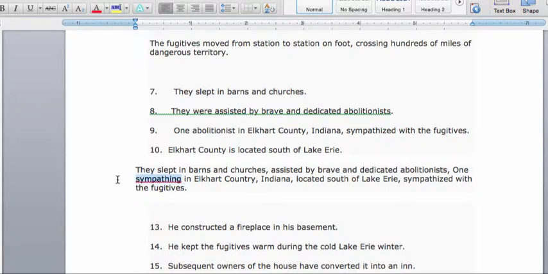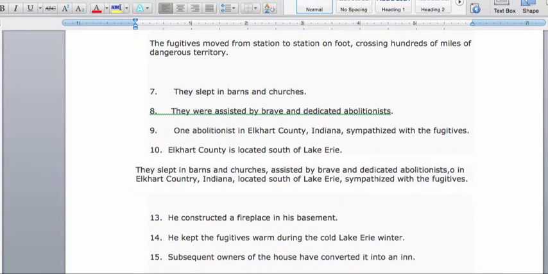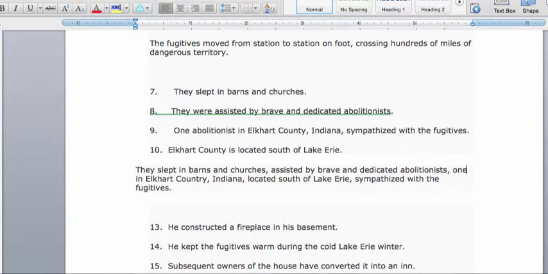See how hard it can get? And I'm going to change that to my participle.